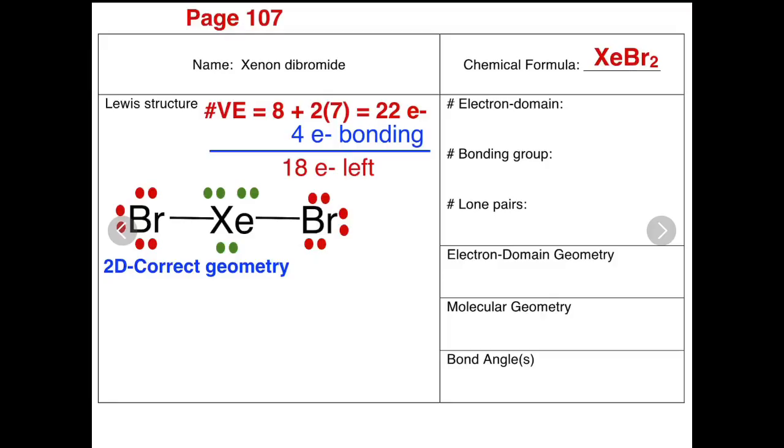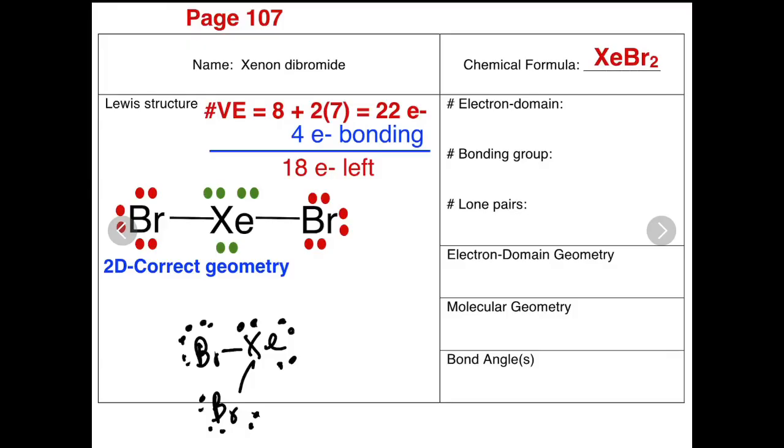Okay, so if you're looking at this, this is the Lewis structure. The Lewis structure is not necessarily going to be the same as the correct geometry. You can draw the Lewis structure in any way you want to. For example, I might draw the Lewis structure as Br, Xe, Br like this, and this is still correct, as long as you have the correct number of electrons around each of those, to make sure they have an octet, and you spend the total number of electrons as we calculated.